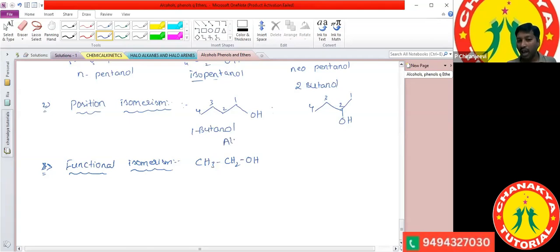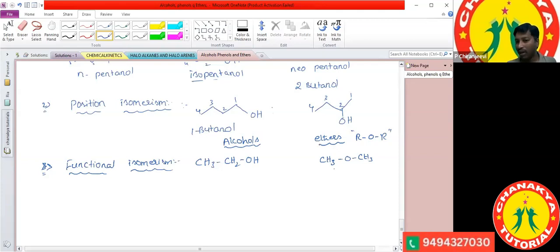Alcohols are converted into ethers. What is the general formula of ethers? R-O-R. So here we write CH3-O-CH3.